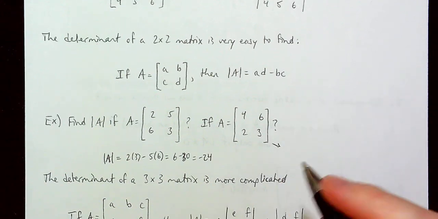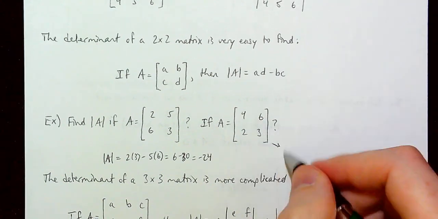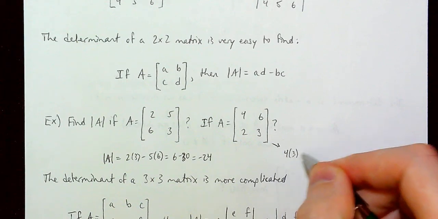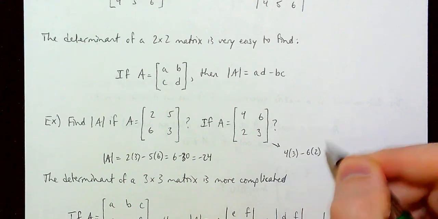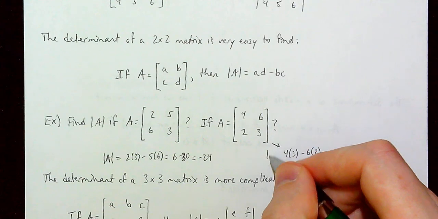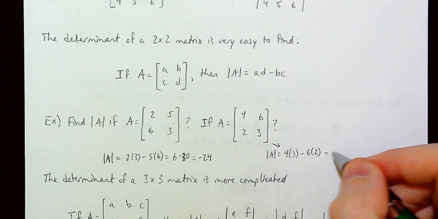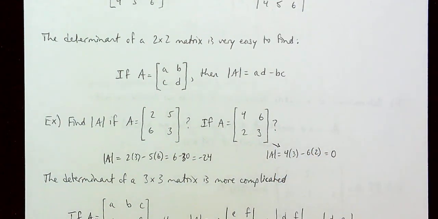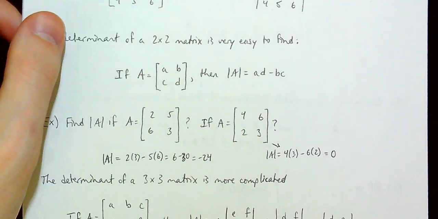This matrix here, 4 times 3 minus 6 times 2, which is 12 minus 12, or 0. So very easy to find the determinant of a 2 by 2 matrix.